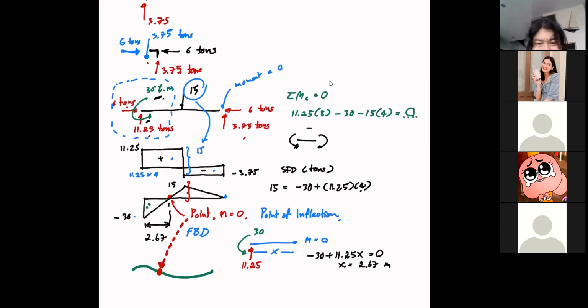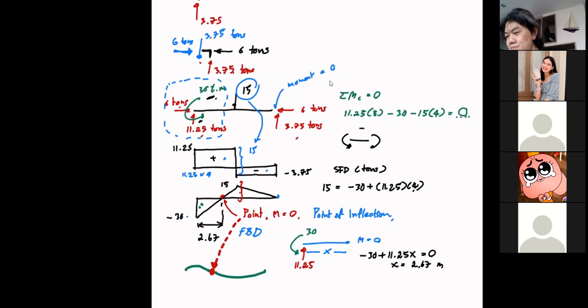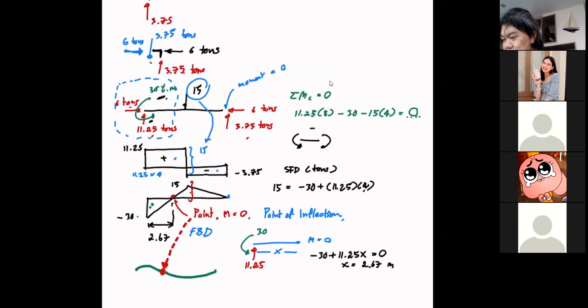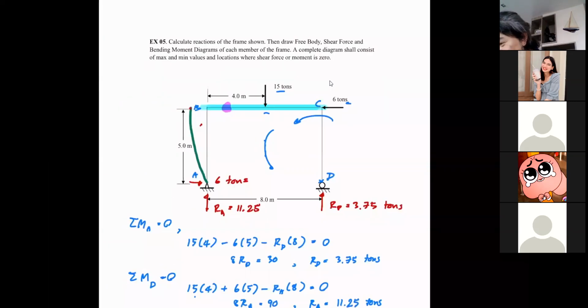So this is how your member BC is going to deform. Negative, oops, sorry. Negative, and then at the point of inflection, go positive. Right?